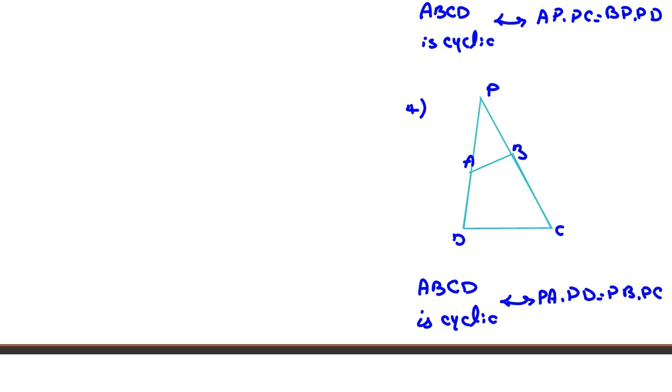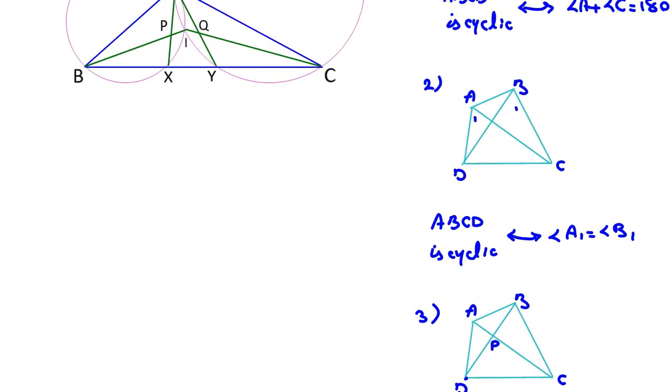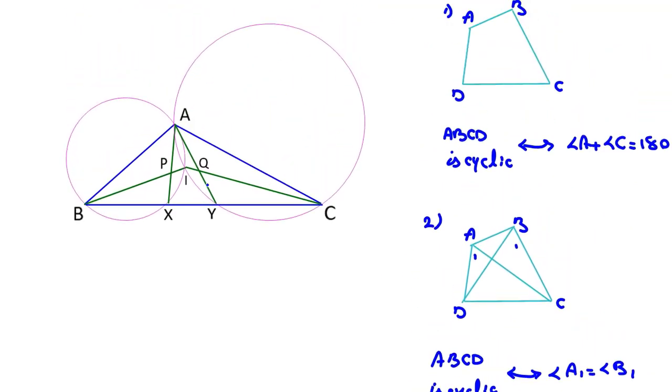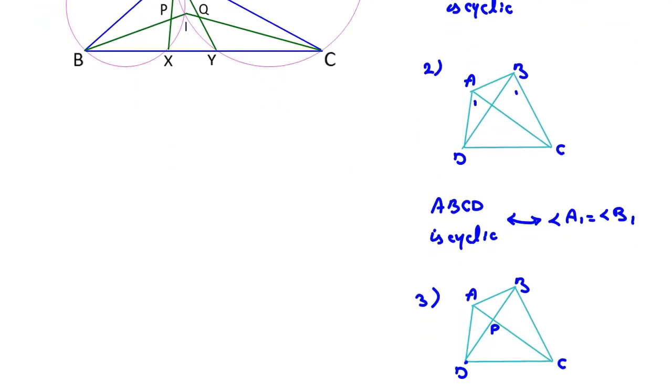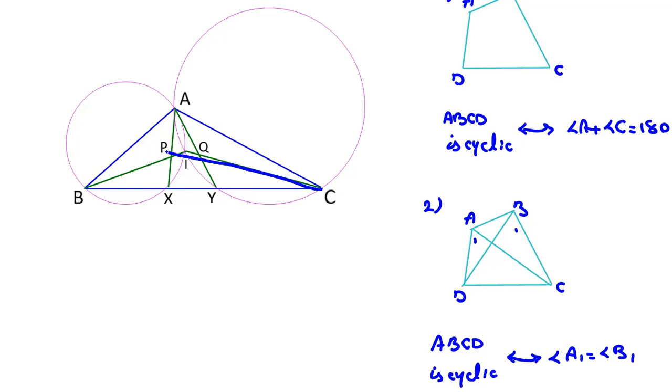We should select from these 4 rules which of them is useful here. If we want to work with angles, we should prove BCQP cyclic. If you draw this angle, it is B half because BI is the internal angle bisector. But here it's a little hard to work with, and we will see angles are not so good. If you want to use the third rule about lengths, we should consider the diagonals, so we should draw two new lines.